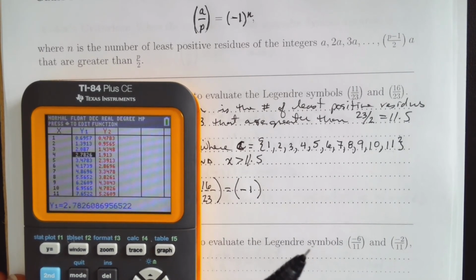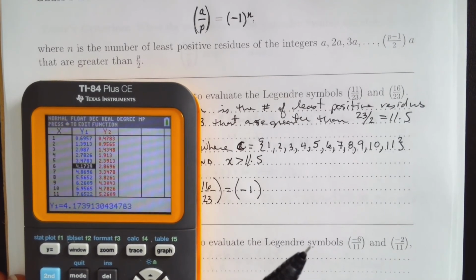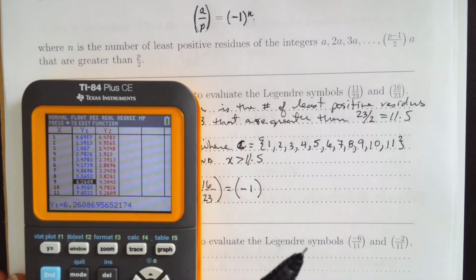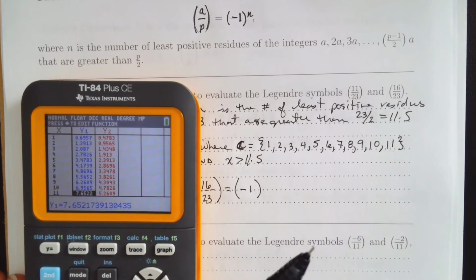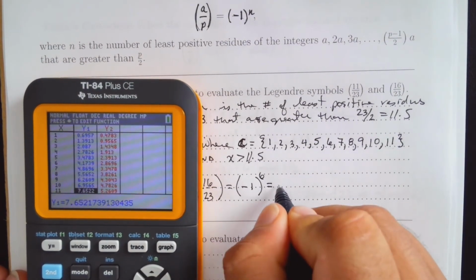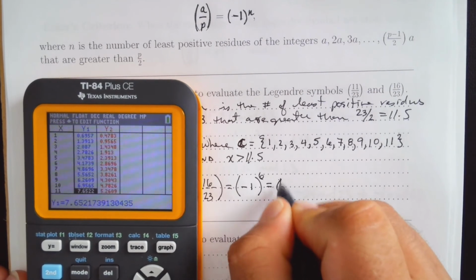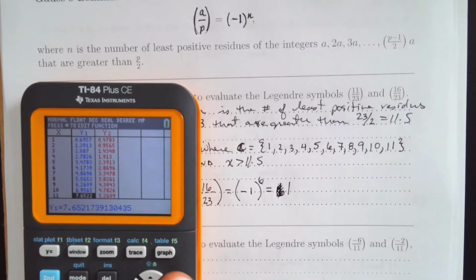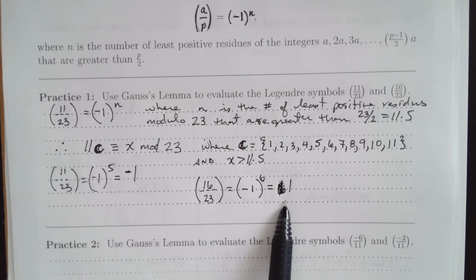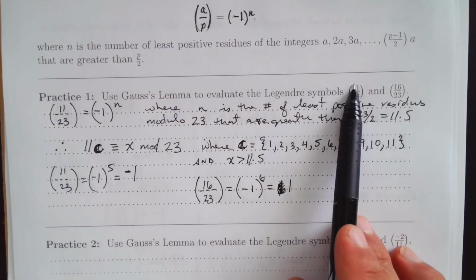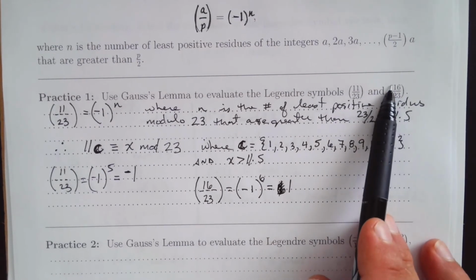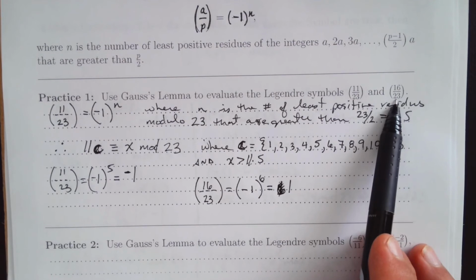No, no. There's my second one. No, no. There's my third one. There's my fourth one. No. There's my fifth one. And there's my sixth one. So I'm going to have negative 1 to the 6th power, which means that my Legendre symbol equals 1. So that's telling us that 11 is a quadratic non-residue modulo 23, but 16 is a quadratic residue modulo 23.